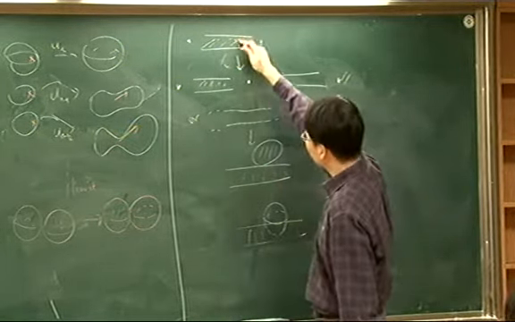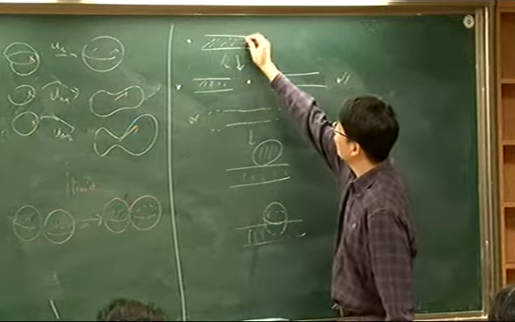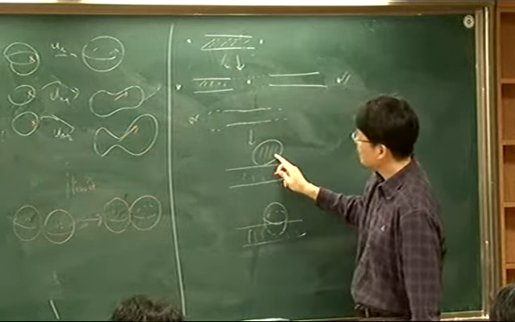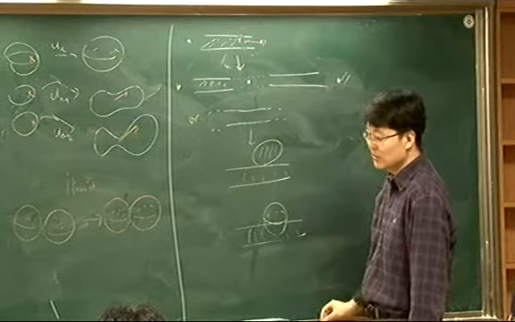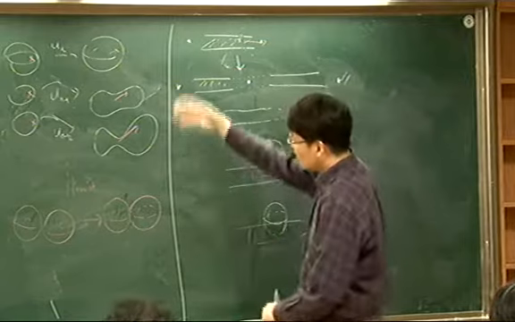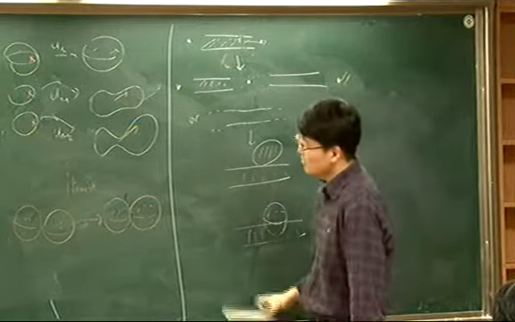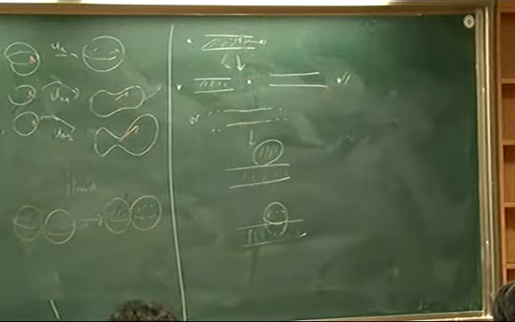If your energy blows up in the interior, then you get this picture. If your energy blows up here, then you get this picture. If your energy moves to infinity, then you get this picture. So depending on the limit you're taking, there are several possibilities, and this is the Gromov compactness theorem.